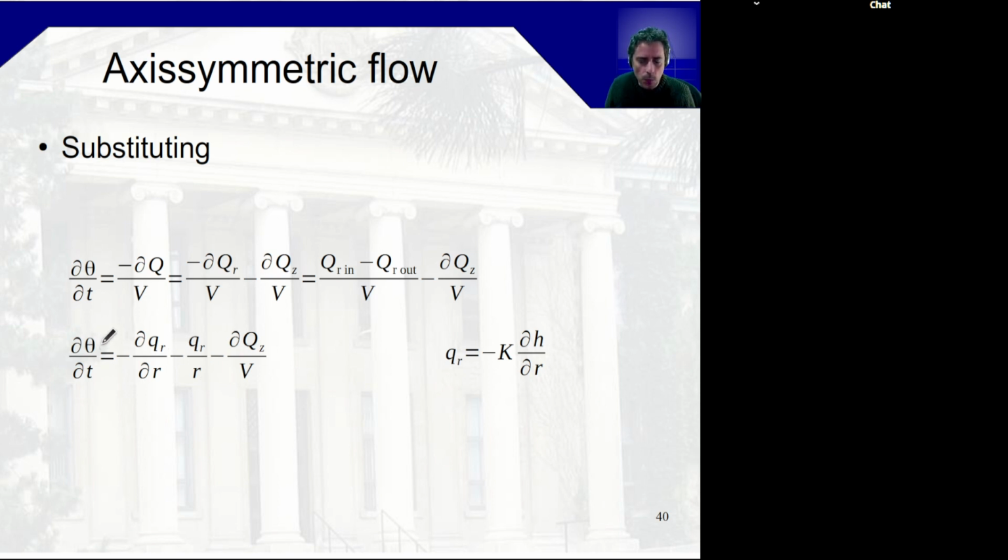Okay, so the change in water content is delta Q over dr minus Q_R dr. Okay, that's just by developing the equation, because it's R in minus R out, which is the volume that increases into the volume.